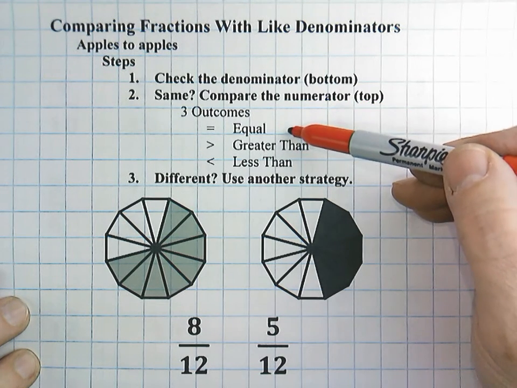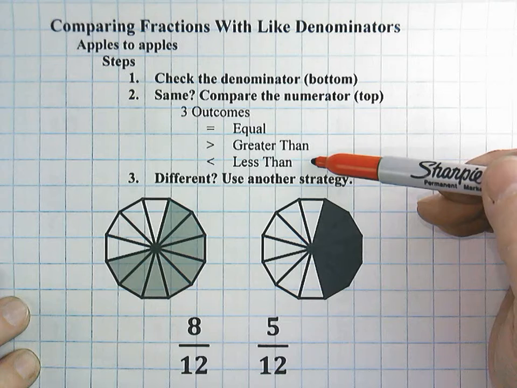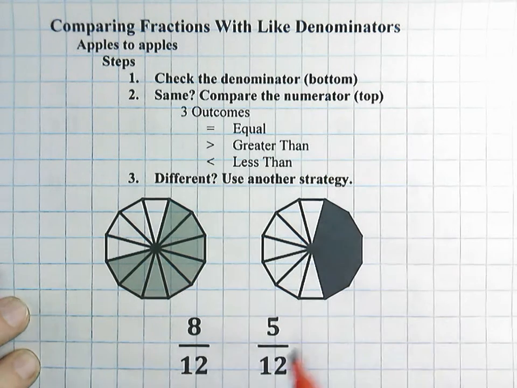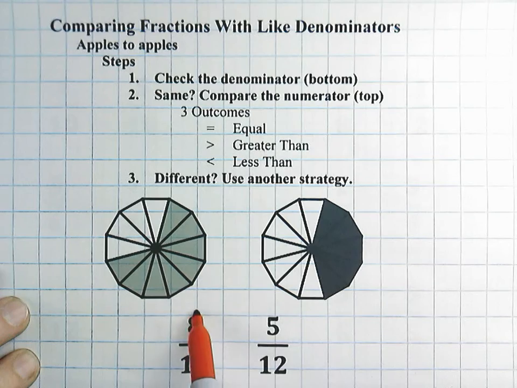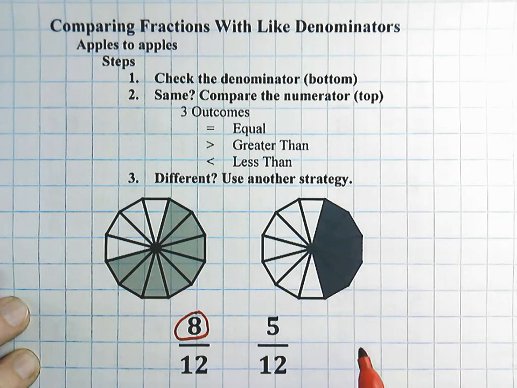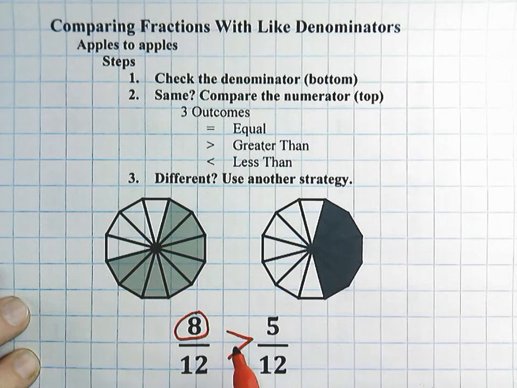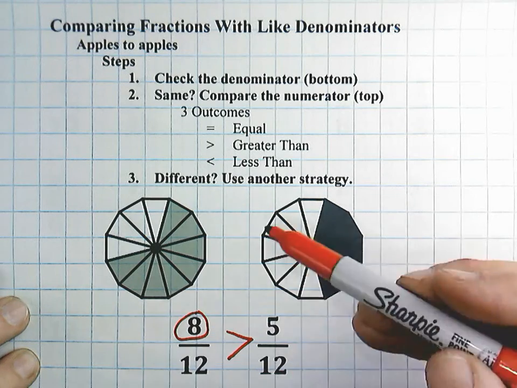There's 3 outcomes. It could be equal, greater than, or less than. So we're the same, so we just check the top, and in this case, I see that 8 is greater than 5. So I put in my greater than symbol, and this would be 8/12 is greater than 5/12.